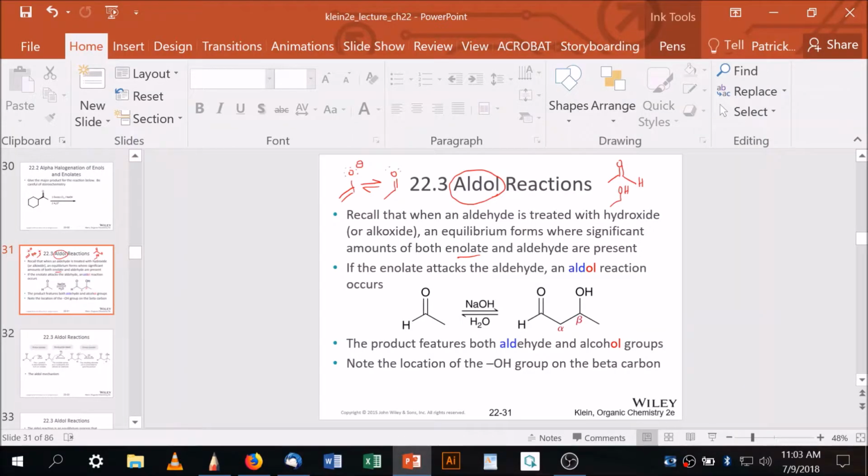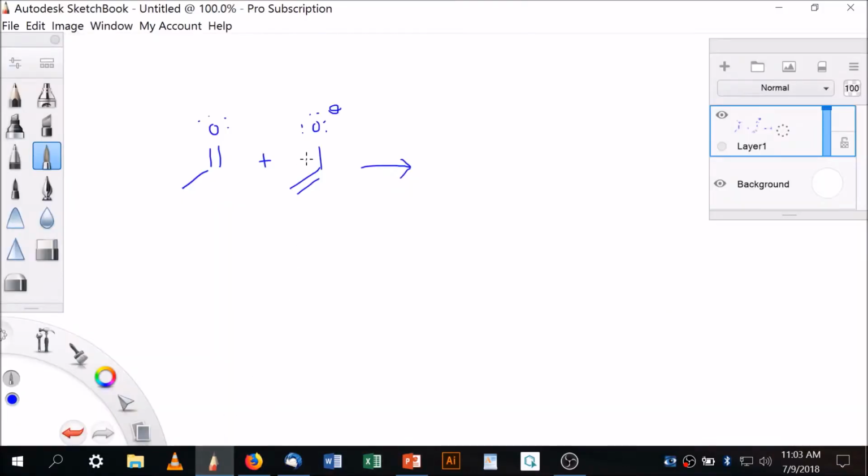All right. So if the enolate attacks the aldehyde, do you see how I'm being active with this lecture, that I'm getting off the slide, right? So I'm stopping and making notes and figuring out what's going on, and looking at this stuff. So I'm being very active.